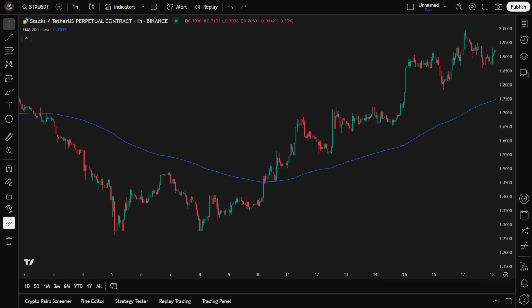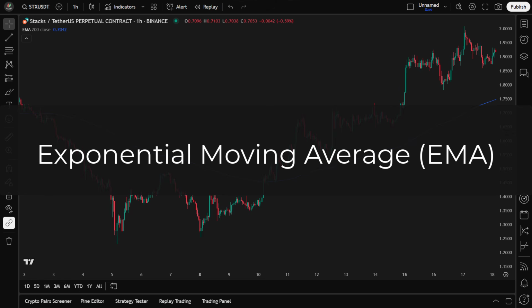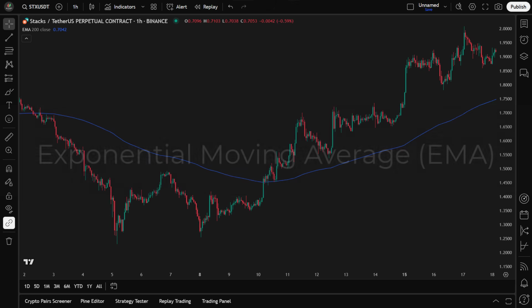Let's move on to the second key indicator in our strategy, the exponential moving average, or EMA. The EMA is a type of moving average that gives more weight to recent prices, making it more responsive to new market data compared to a simple moving average. In this strategy, we'll be using the 200-period EMA as a trend filter.